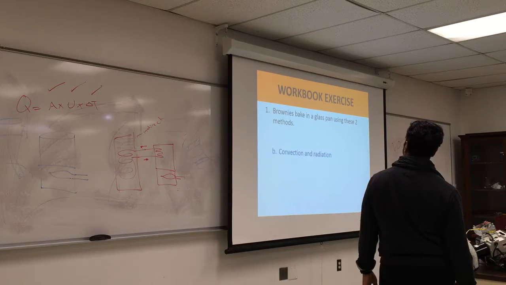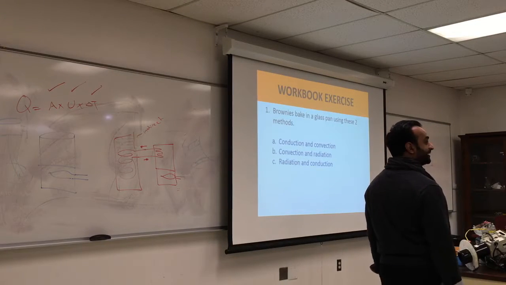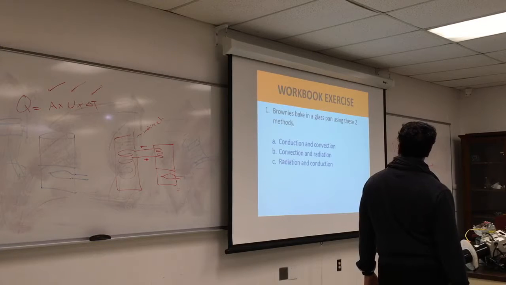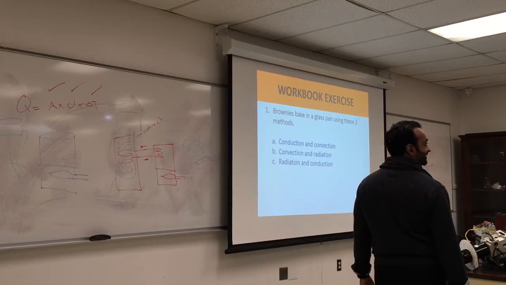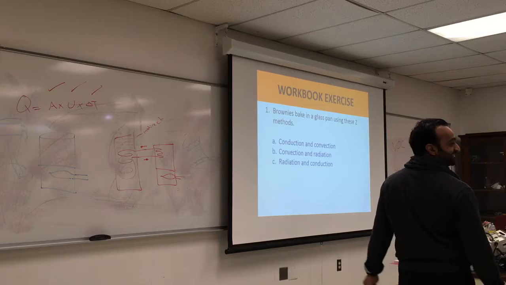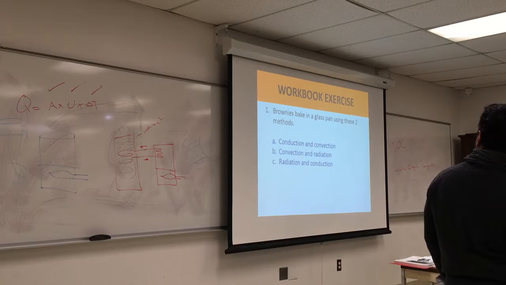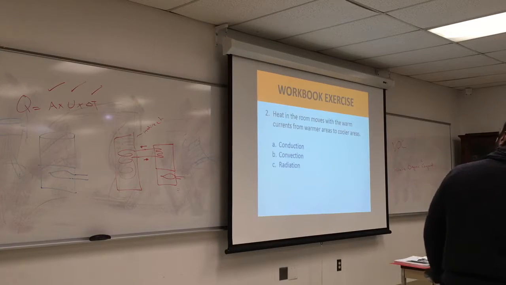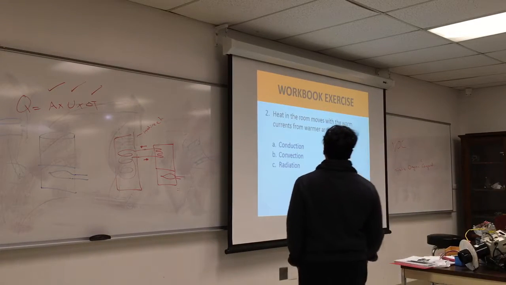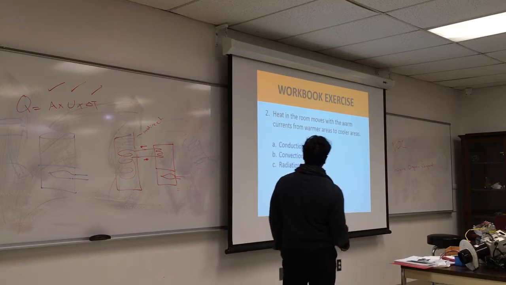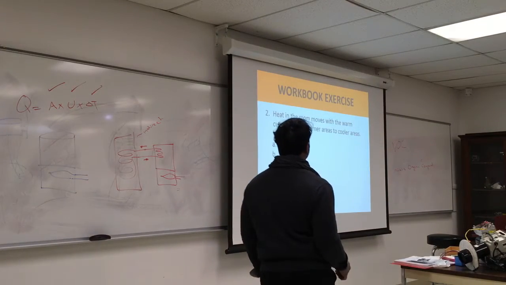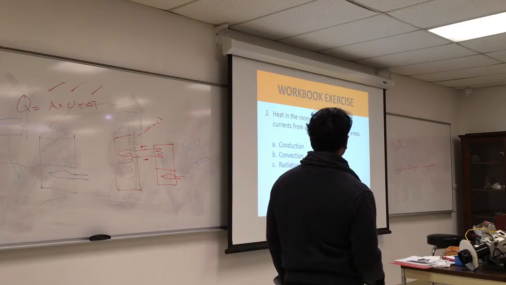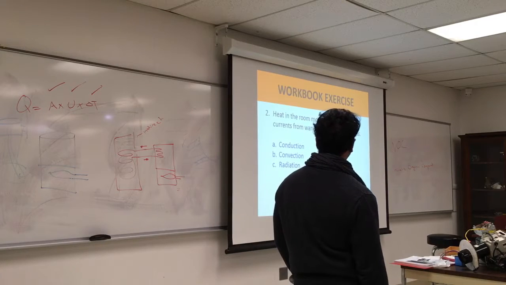Convection from the fan. Well, I'm thinking of the heat lamps in a stove. If you put them in an oven, yeah. Okay, I microwaved it. Heat in the room moves from the warmer area to the cooler area. Also natural convection.